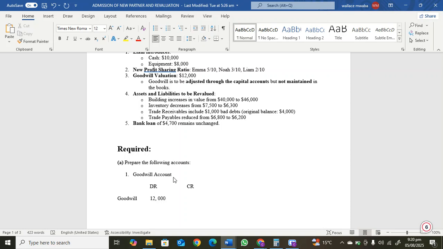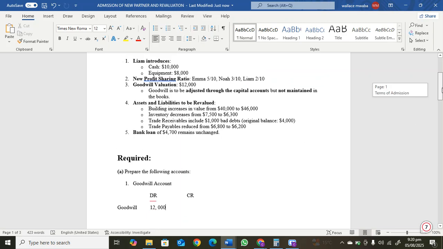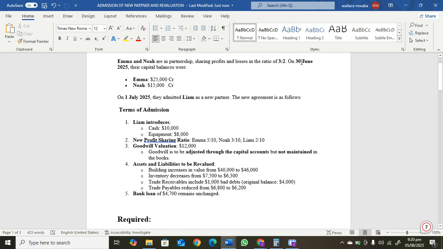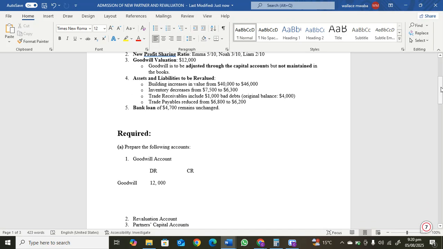Then you're going to credit the partners with the old profit sharing ratio. So the ratio is 3 to 2. Remember ratio 3 plus 2, that is 5. So Emma gets 3 over 5 times 12,000. Colleagues, what's 3 over 5 times 12,000?